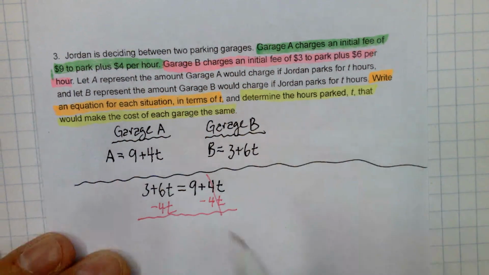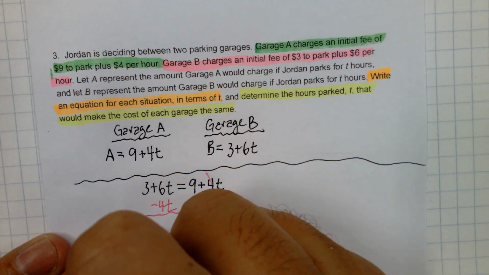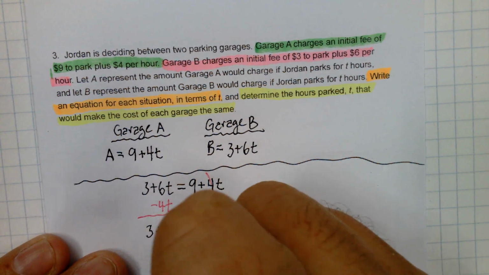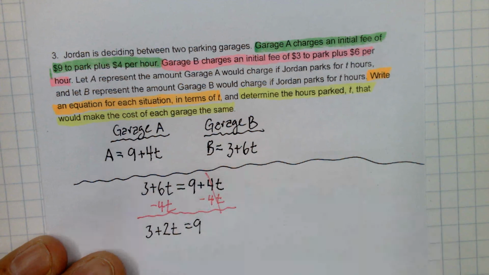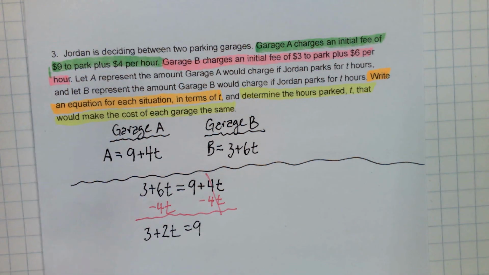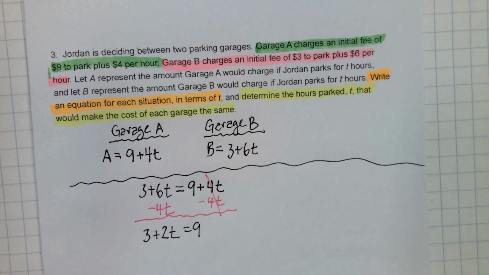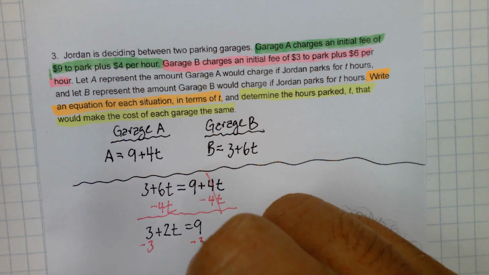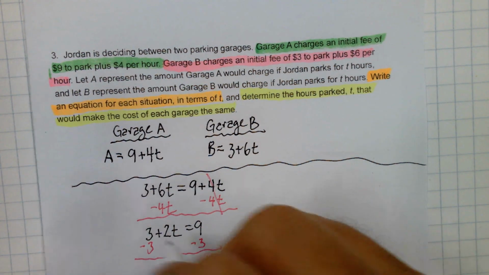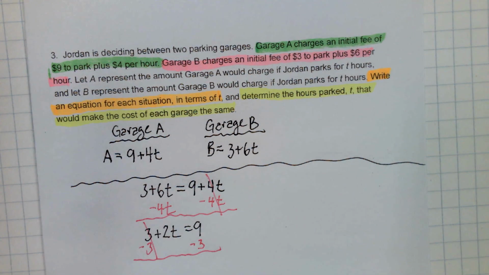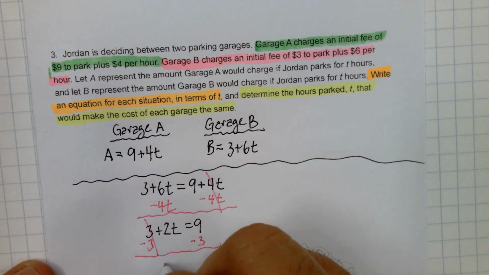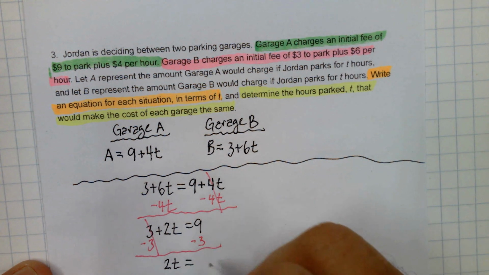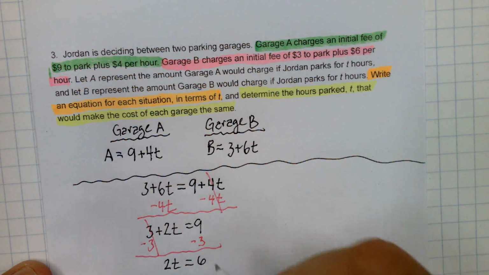And we've got 3 plus 2t now, equals 9. And let's get rid of the 3. And that gives us 2t equals 6. 9 minus 3 is 6.